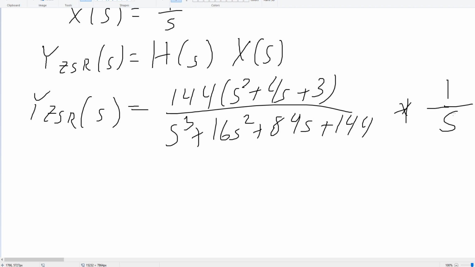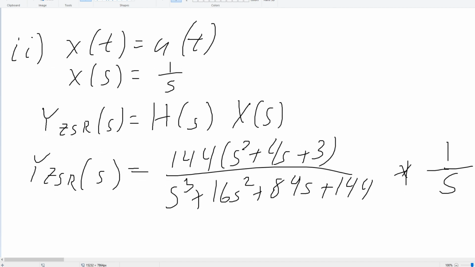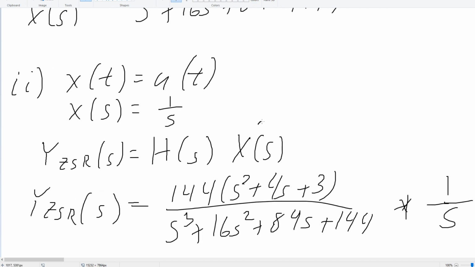That's full credit for doing part 2, and that was literally like 2 steps. I wouldn't even consider that 2 steps, like 1.5, 1 step, because this is very simple to do. You could do that in your head even.